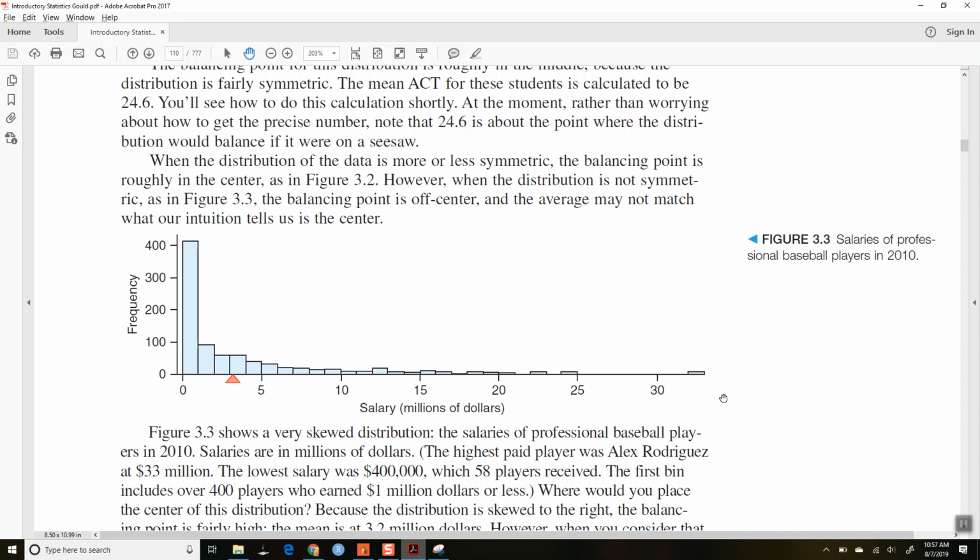They end up bringing the average to 3 million. Is it technically correct to say that the mean is 3 million? Yes, the mean is around $3 million. But is the typical baseball salary 3 million? No, the typical salary is far below that.